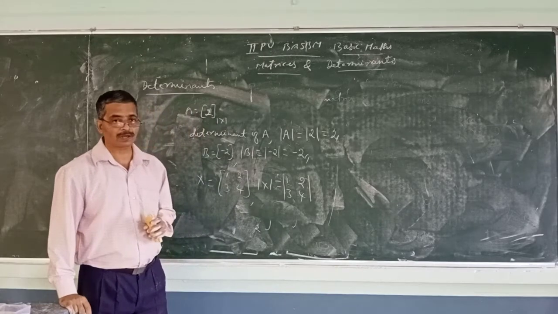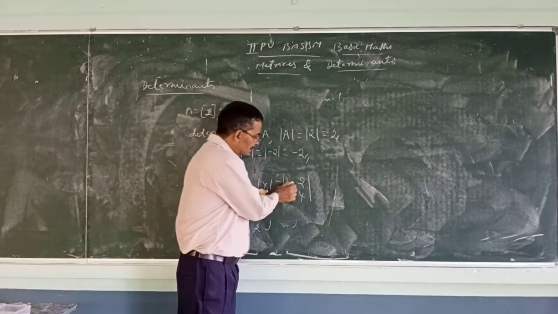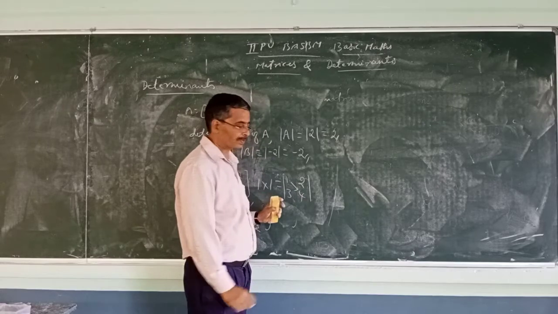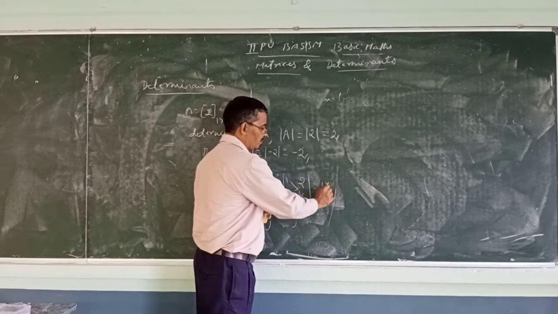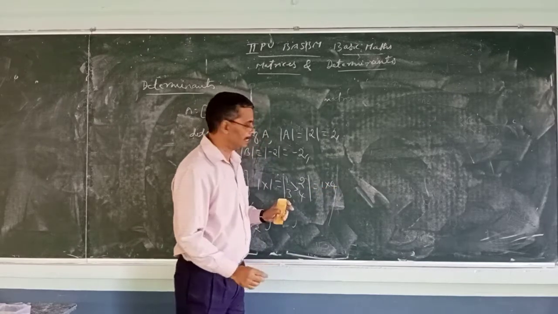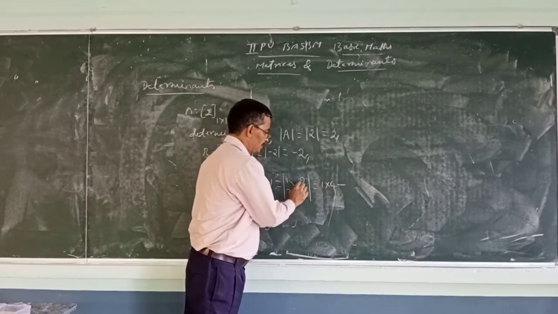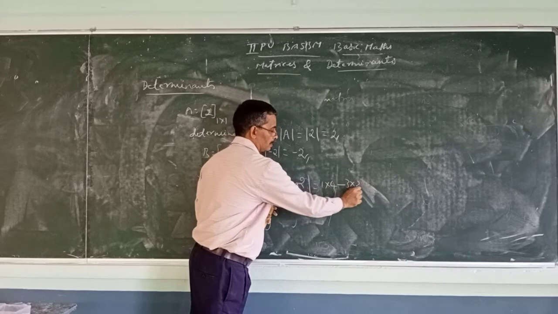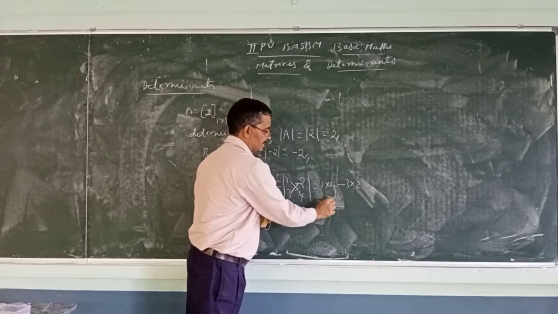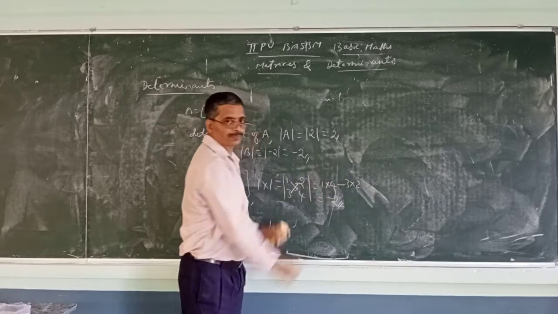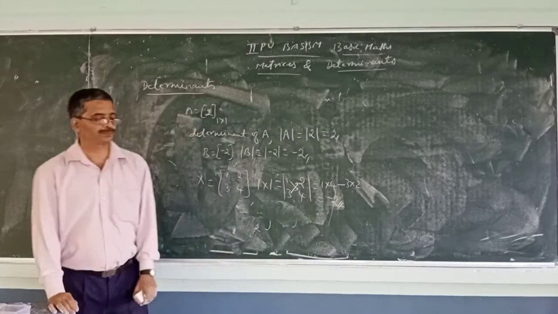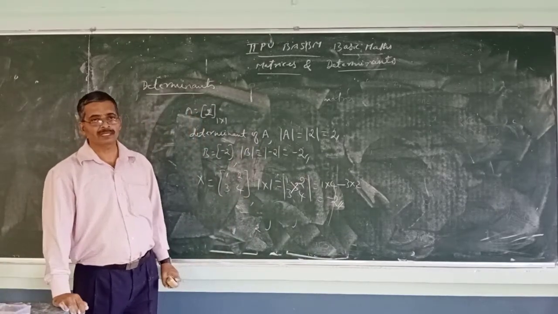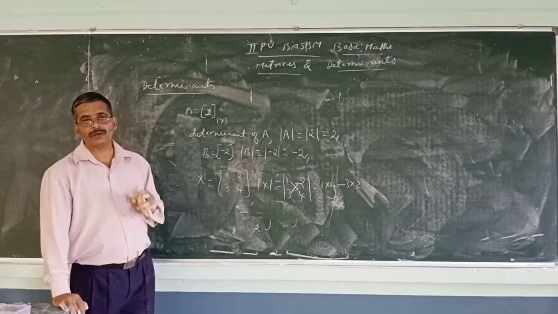Next, the calculation: 1 into 4 minus 3 into 2. This is 4 minus 6, which is minus 2. This is how the determinant is calculated for order 2.